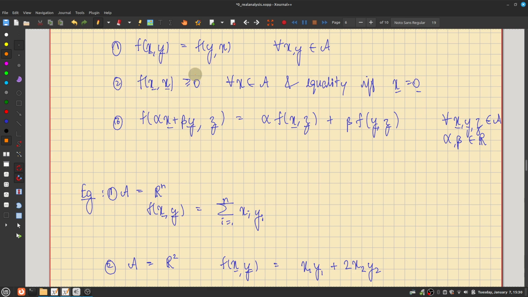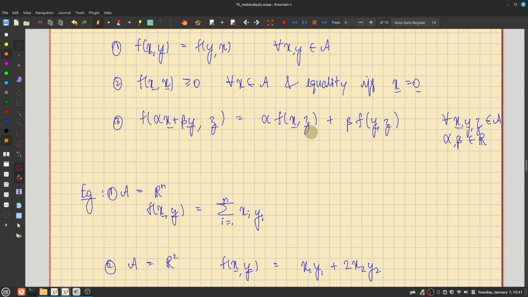Is it non-negative? So if I take f of x comma x, then what do I get? It's just summation i equal to 1 to n of xi square, and summation xi square is greater than or equal to 0, and it's equal to 0 only if all of the xi's are equal to 0. So it satisfies the second property.